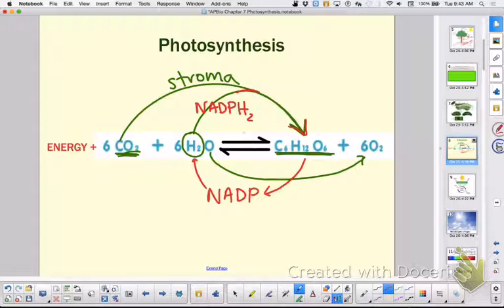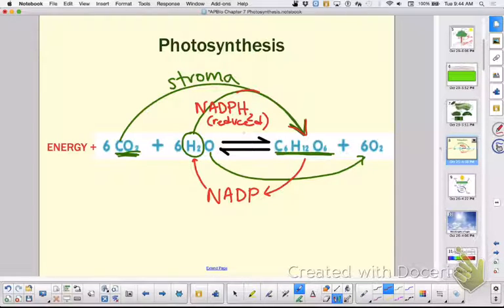It's a cycle. So water will give its hydrogens, electrons, to NADP. NADP says thank you. When the NADP becomes NADPH2, is it reduced or oxidized? It's reduced. When something is reduced, does it have more or less energy? More.